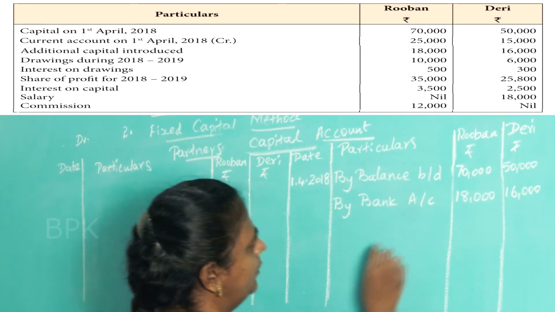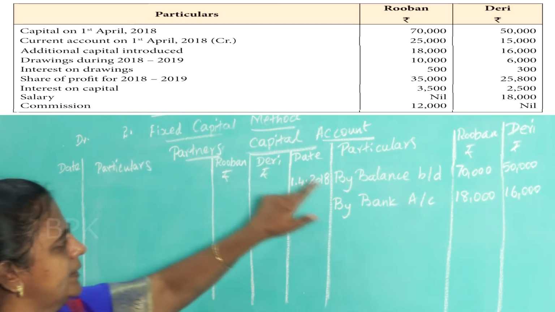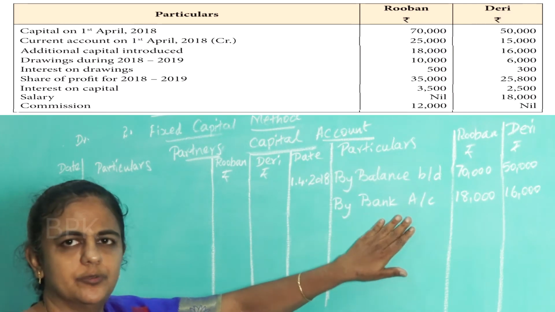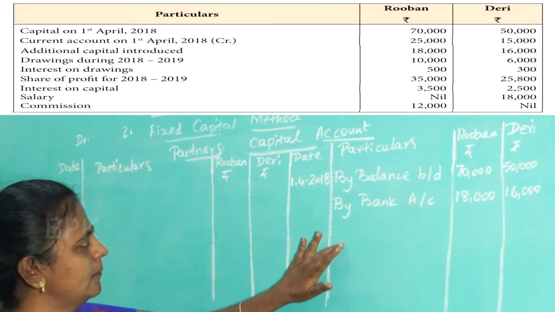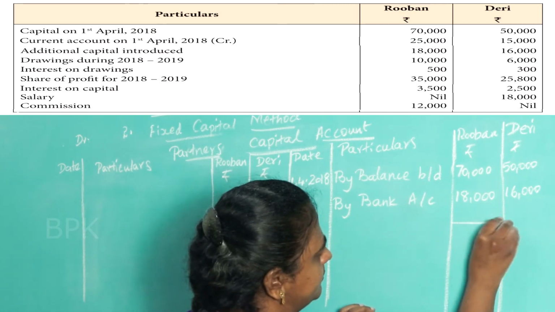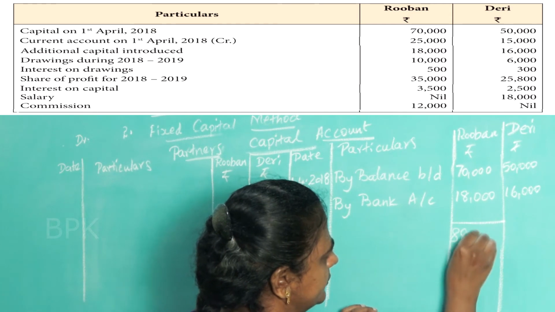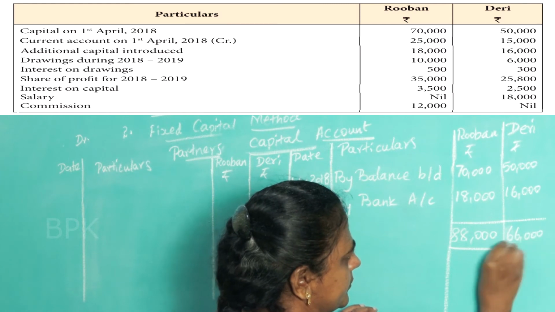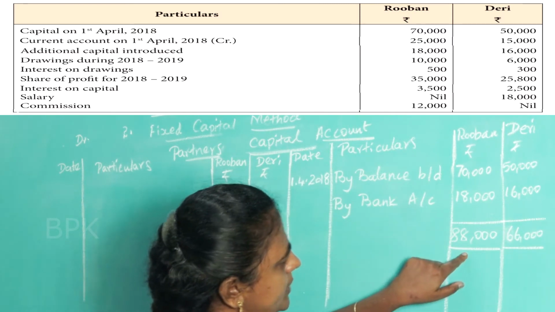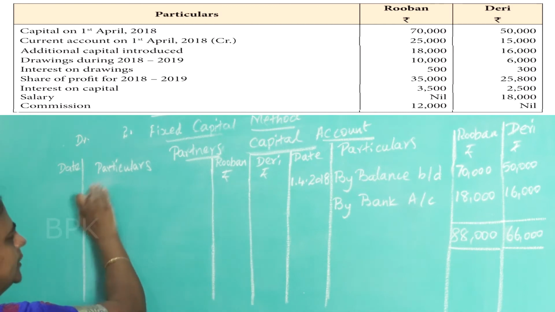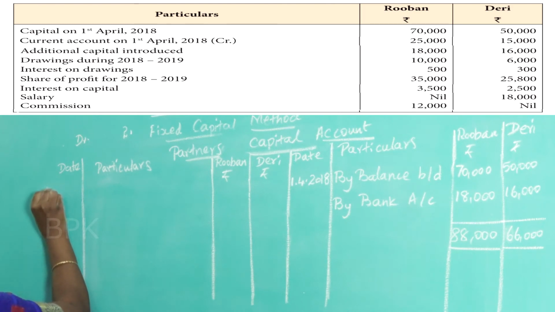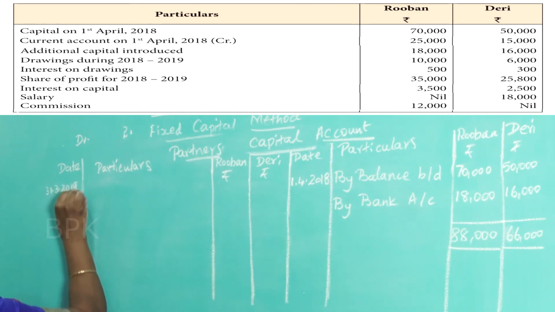Okay. Now in this capital account, we have written the opening balance of the capital and the additional capital introduced. So nothing else should be written here. So you close the capital account. See, the total is 88,000 and 66,000. Then the opening balance is 1/4/2018. So closing balance will be 31/3/2019, next year.